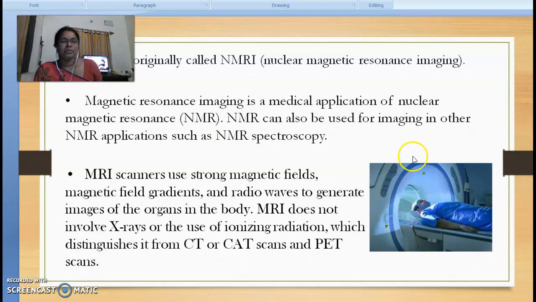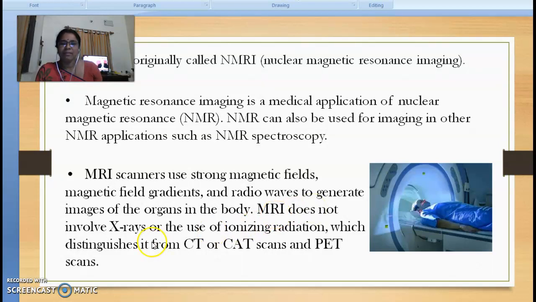See here, this is the machine. The body will be sent in. Slice by slice, it is going to bifurcate and give the image. MRI scanners use a strong magnetic field, magnetic field gradients and radio waves to generate images of the organs in the body.